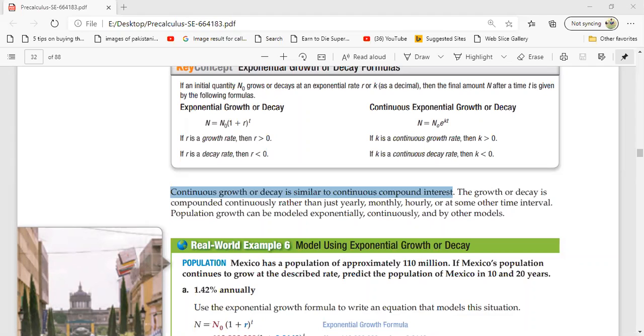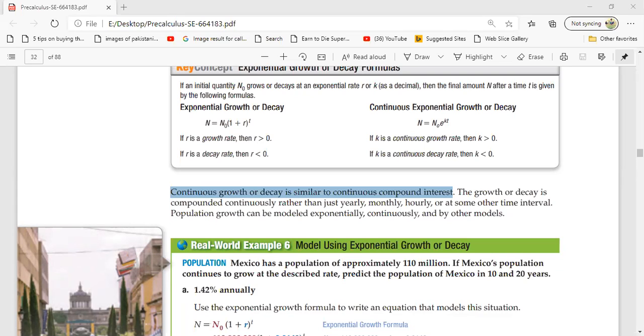This is N0, we used to write like this. And we have to find N, which means the population after 10 years and after 20 years.